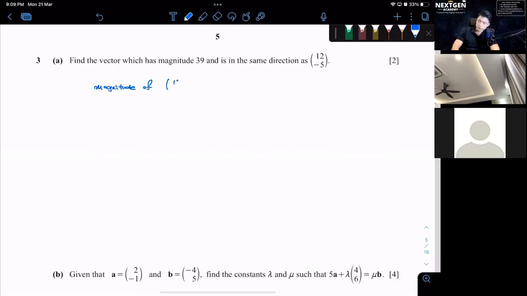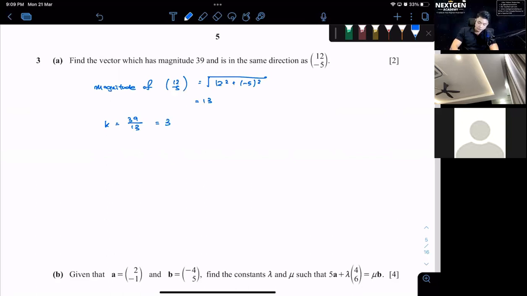This vector (12, -5) has magnitude the square root of 12 squared plus 5 squared, which would give me 13. Then you compare with the 39. How many times bigger is it? So 39 over 13. This is my scale factor, my k value. This will be 3.